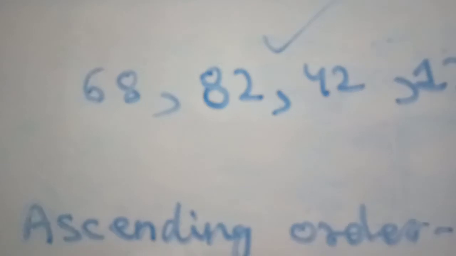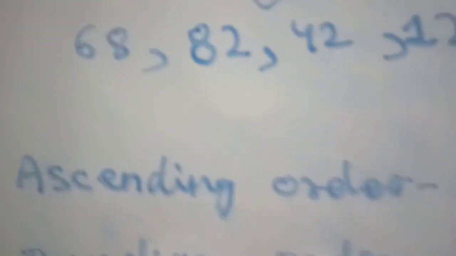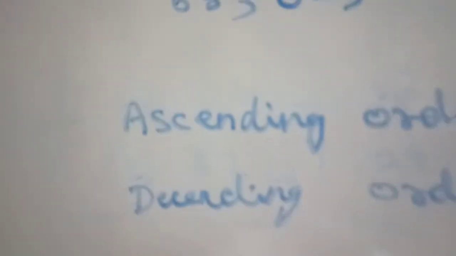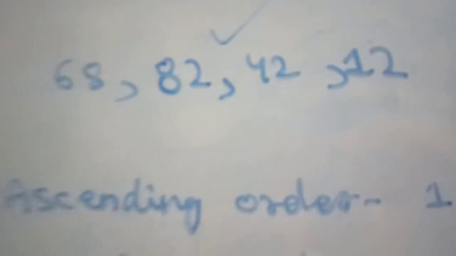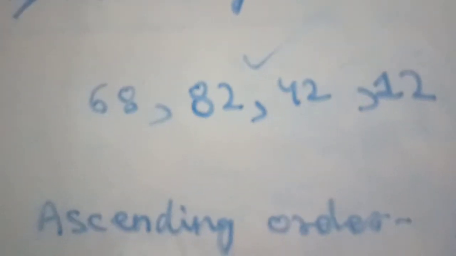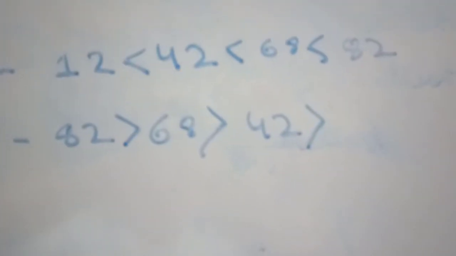Which is the biggest number at the tens place from these three? 68. So we will write 68 here. Now the next number we will take is 42, as it is smaller than 6. And as this is the last number left, we will write 12.